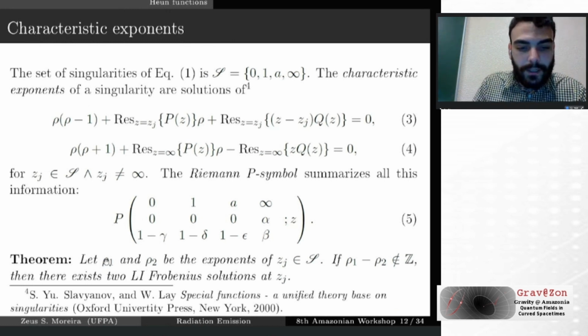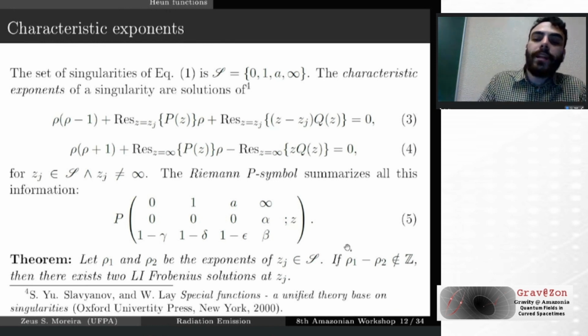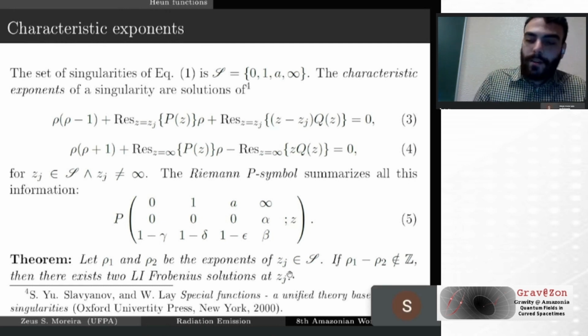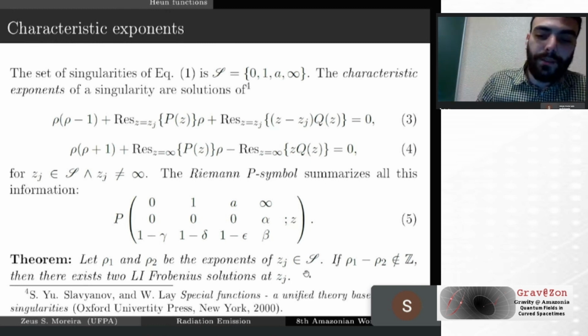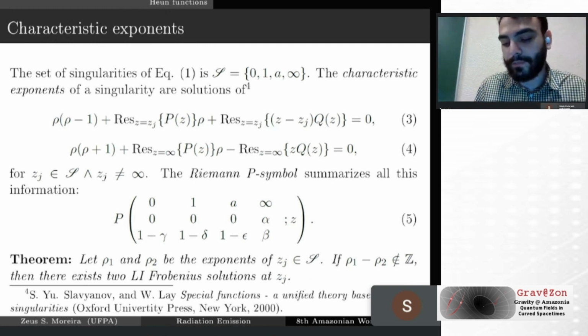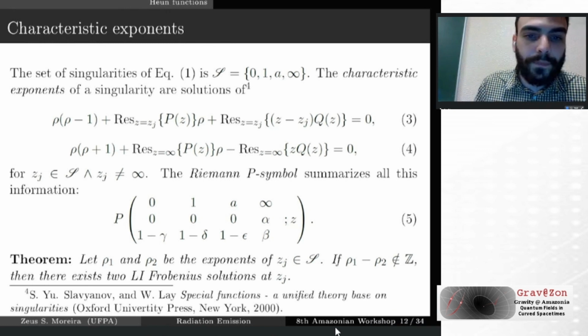If we take two exponents, rho 1 and rho 2, of some singularity zj, and if the difference of these two exponents is not an integer, we can already conclude that there will exist two linearly independent Frobenius solutions at this singularity. And I will also remind you of this theorem afterwards.